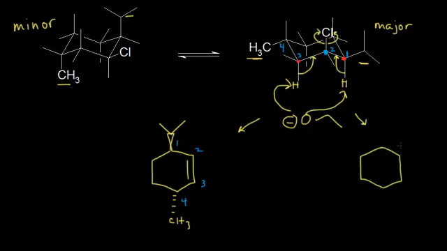So once again, we have an isopropyl group at carbon 1. Now this time there's no stereochemistry associated with your isopropyl group, and that's because your double bond forms between carbon 1 and carbon 2. So let me go ahead and number my carbons here once again, 1, 2, 3, and 4.